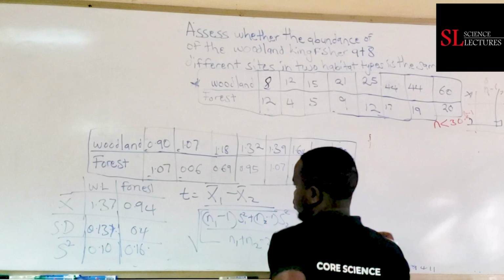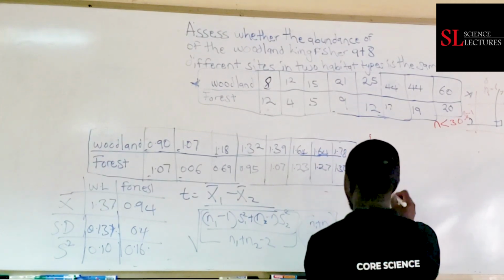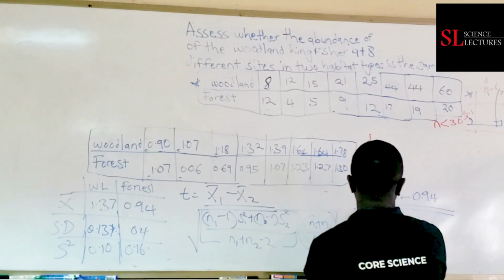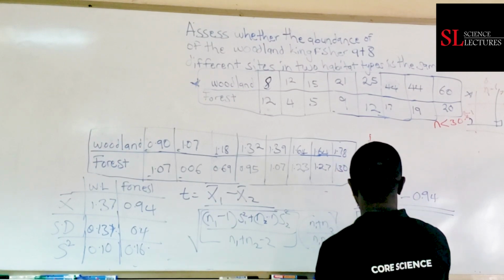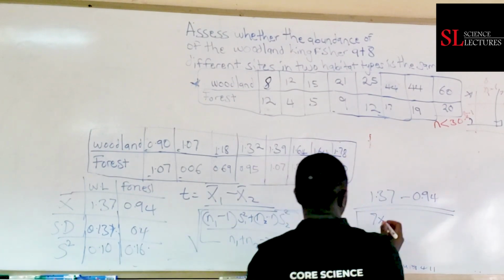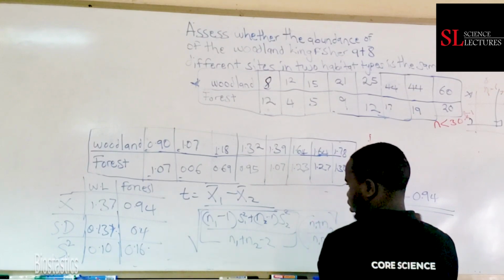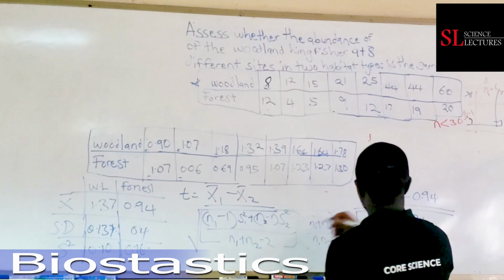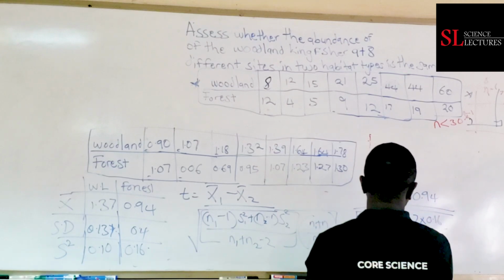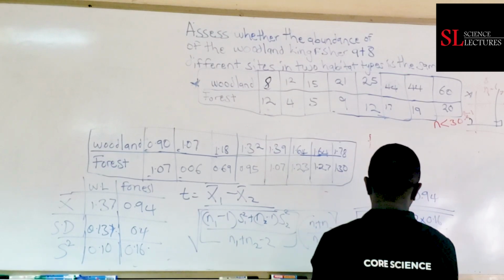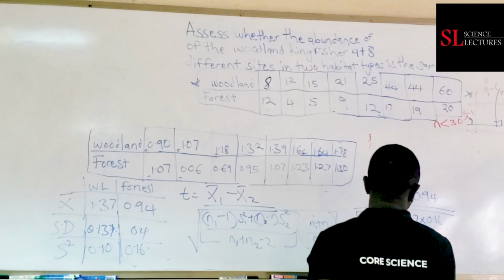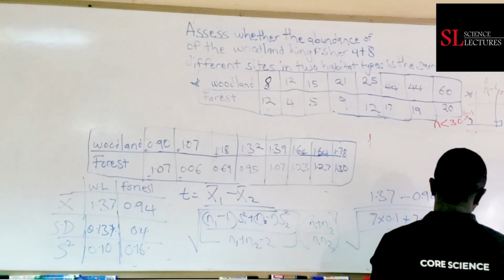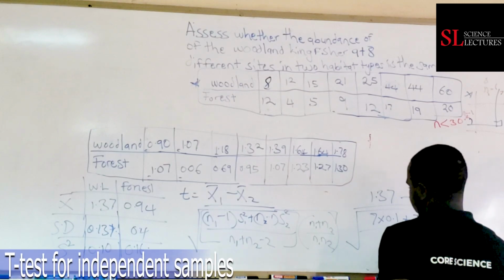So you come and substitute in here: 1.37 minus 0.94 over 8 minus 1, which is 7, times 0.1, plus 8 minus 1, which is 7, times 0.16, over 8 plus 8, which is 16, minus 2, that gives us 14, into 8 plus 8, that is 16, out of 64, which is 8 times 8.